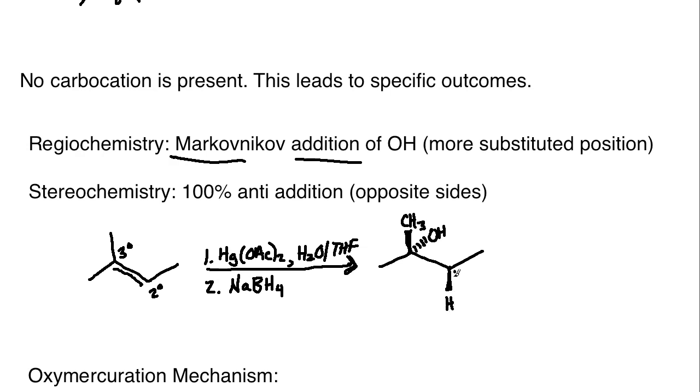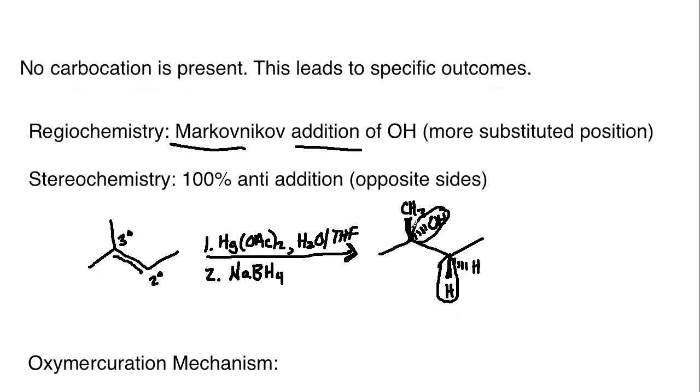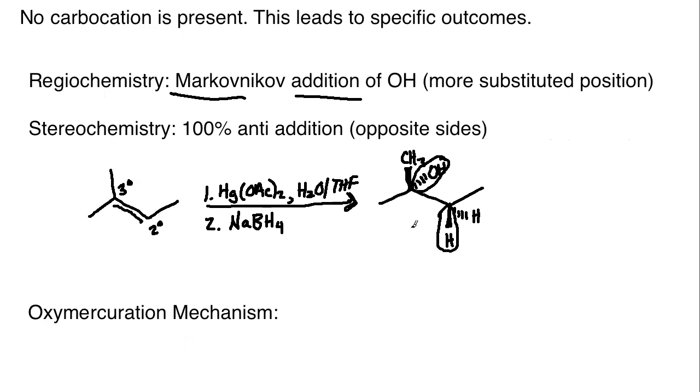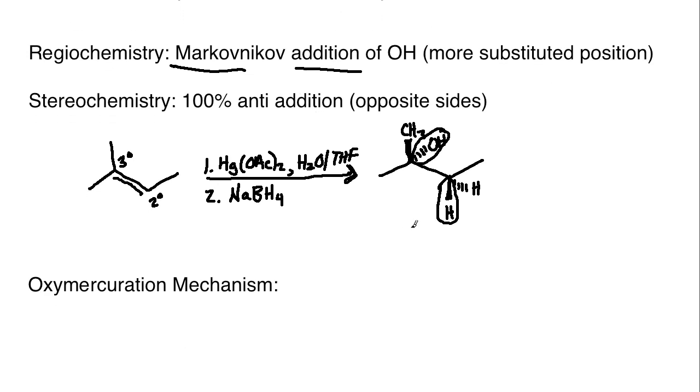Again, it is important to note that we have 100% anti-addition, meaning that they are going on opposite sides of the molecule, or opposite faces of the molecule, and that the OH is always adding to this tertiary position in this case instead of the secondary position. So that accounts for the regiochemistry, the Markovnikov addition, as well as the stereochemistry being 100% anti-addition.